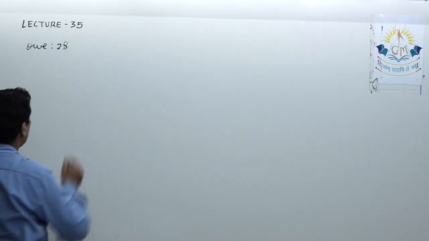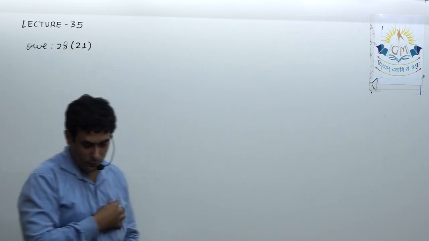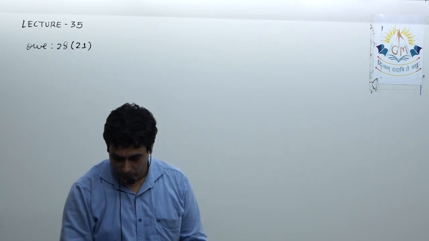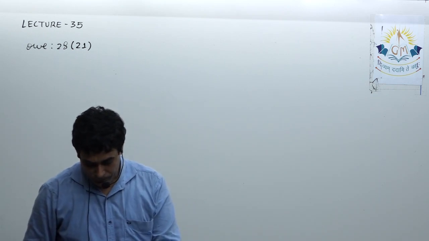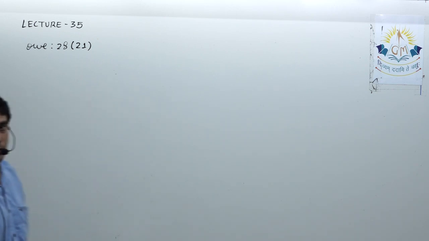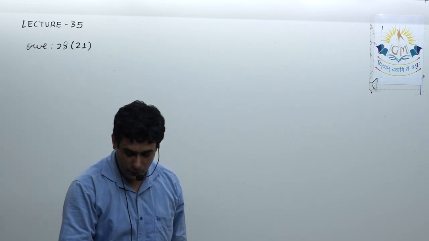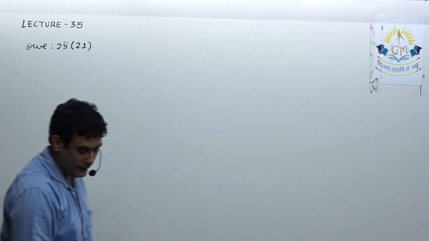Question number 21. Okay, so question number 21, that means question numbers 18, 19 and 20 are for your homework. Okay, question number 18 is for your homework, 19 and 20.